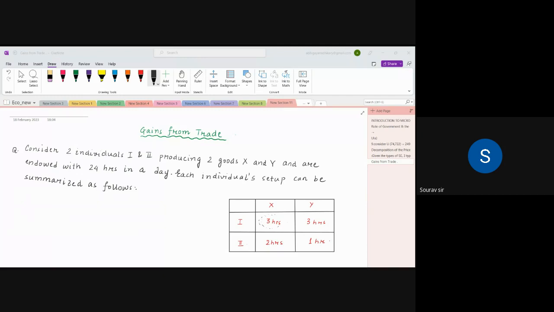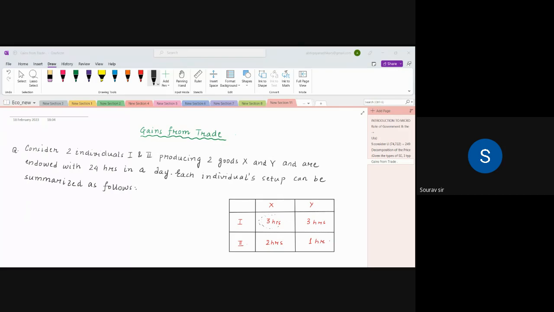That means their utility also depends upon their consumption levels. If they are not trading, then whatever they are producing is what they will be consuming, right? But if they can trade their productions among themselves, can we achieve a better outcome for both individuals? This is the kind of scenario that we are talking about.